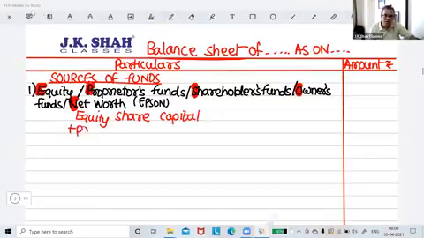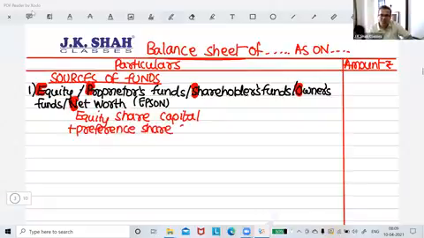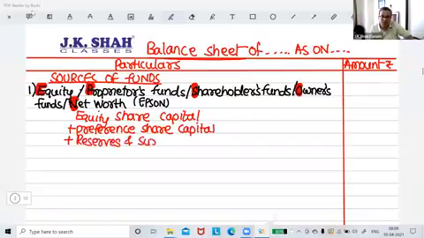It will also contain preference share capital. Plus reserves and surplus. I'm going to call it RS.